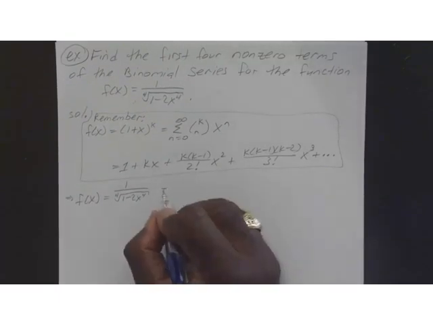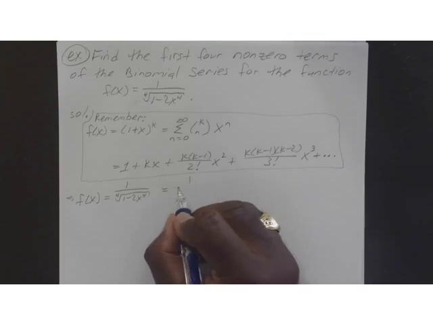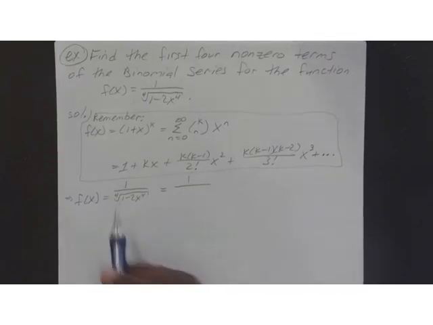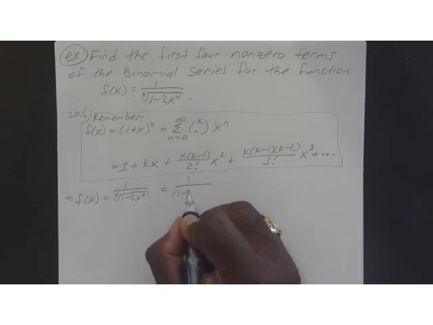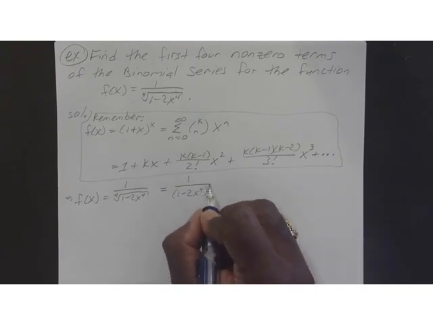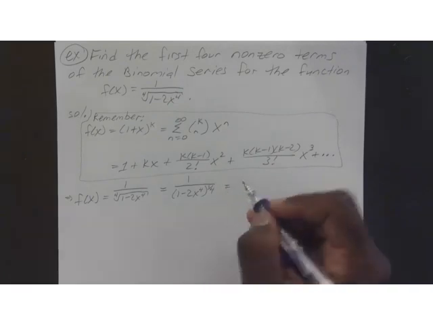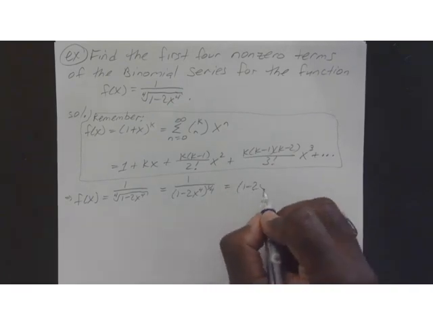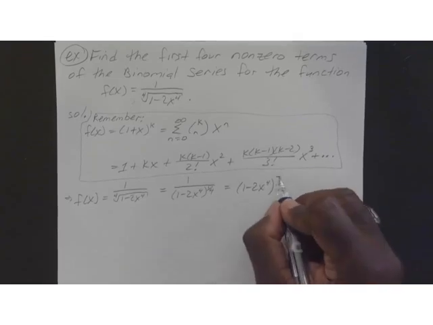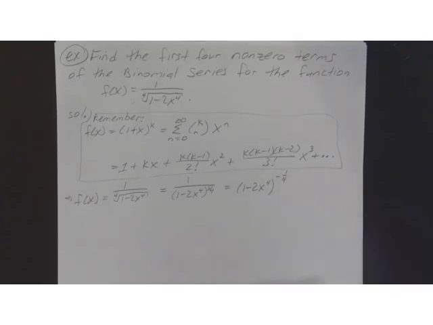Okay, well, we can rewrite that as 1 divided by, instead of the fourth root, we can make that 1 minus 2x to the fourth power raised to the 1/4 power. And we can rewrite that again as 1 minus 2x to the fourth power raised to the negative 1/4 power.